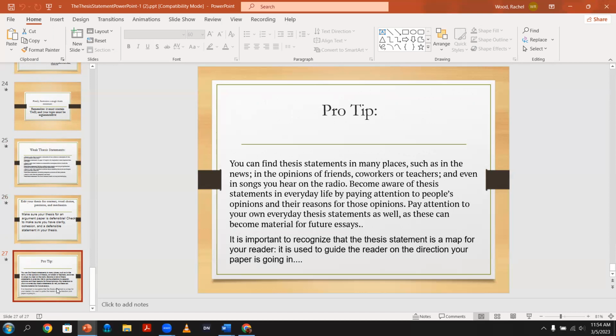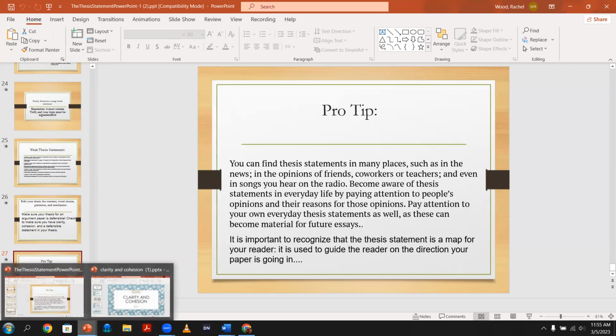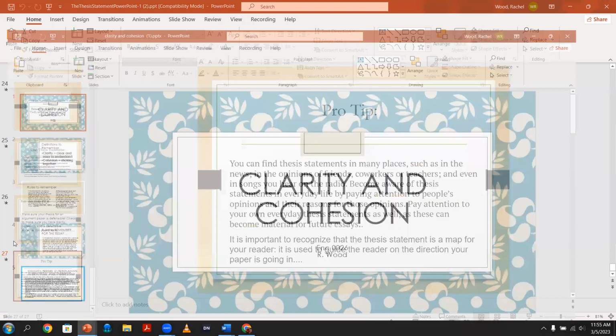It is important to recognize that the thesis statement is a map for your reader. It's used to guide the reader on the direction that your paper is going in. And if you take all of these tips, then you should be able to develop a solid, cohesive, clear, authoritative thesis statement.